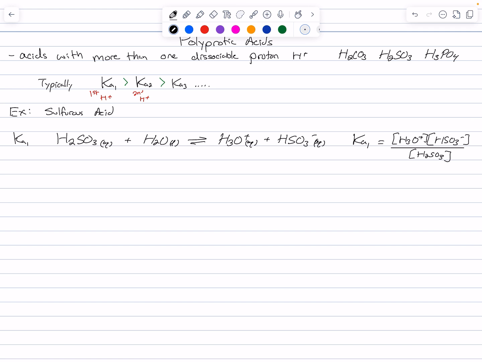Now, Ka1 happens to be 1.3 times 10 to the negative 2, where I looked it up.